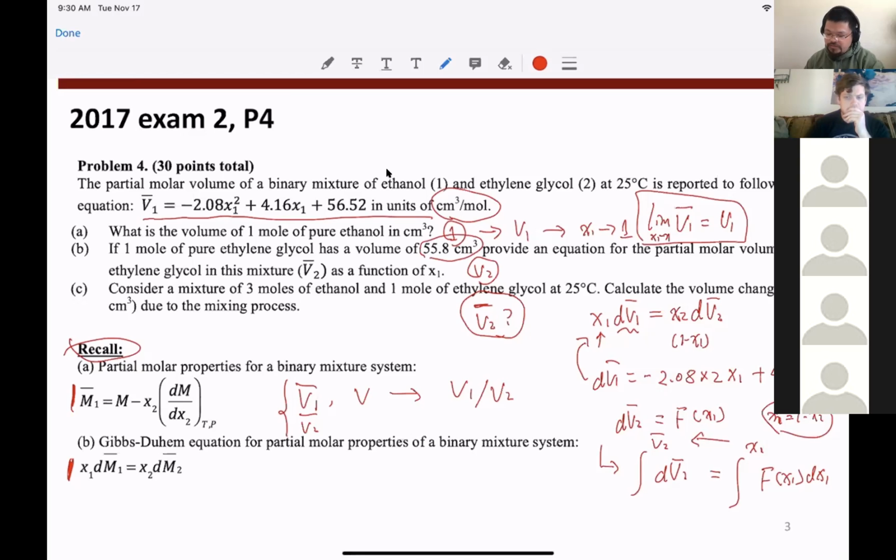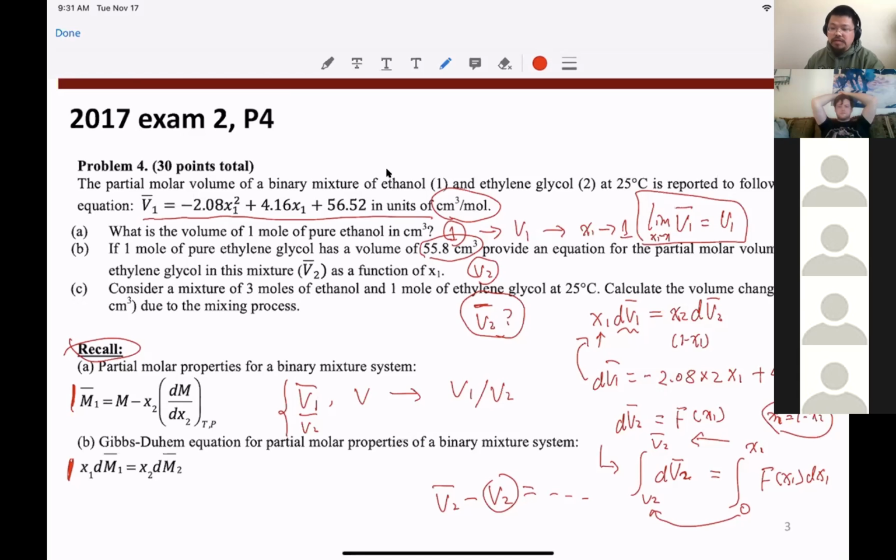So if this is 0, then this corresponding would be the V2 pure. All right. So over there, this is dV2. This is V2 partial minus V2 of the pure should be some expression. And V2 pure is just a value we have from the problem statement.